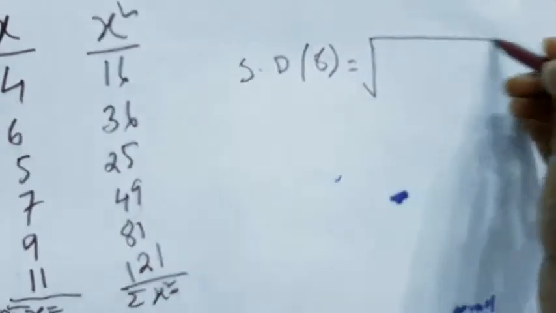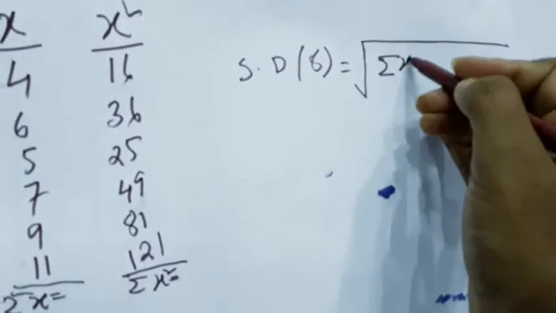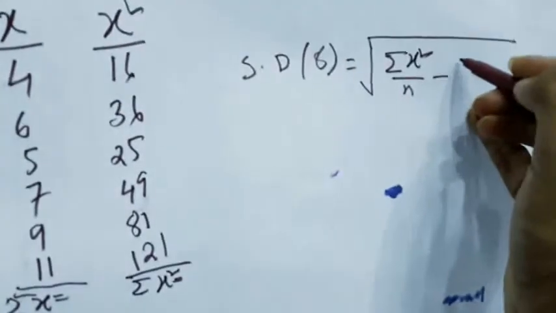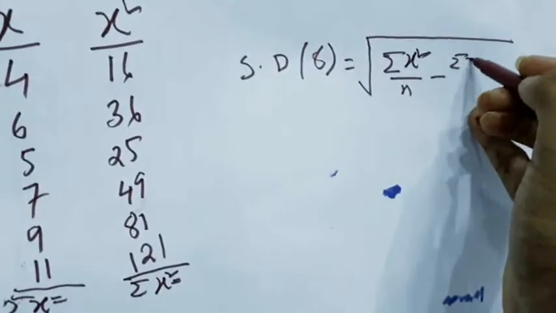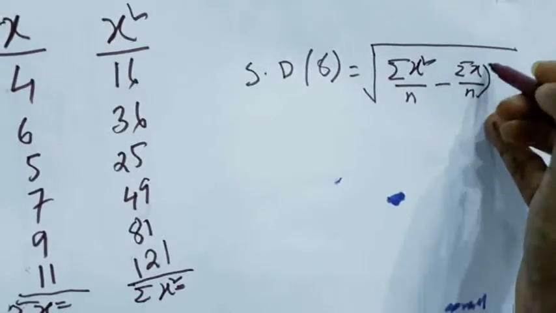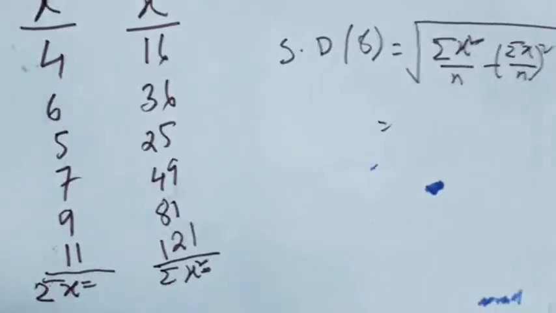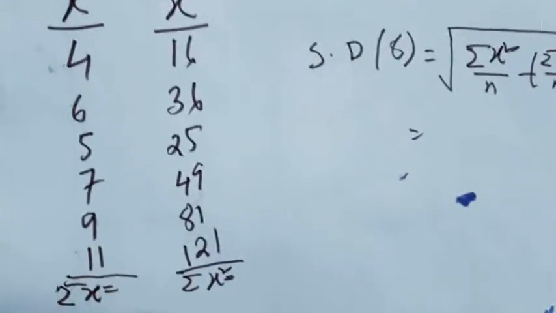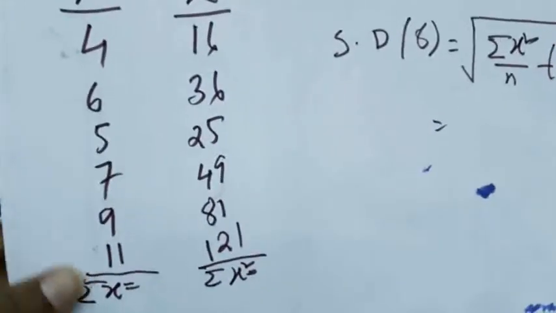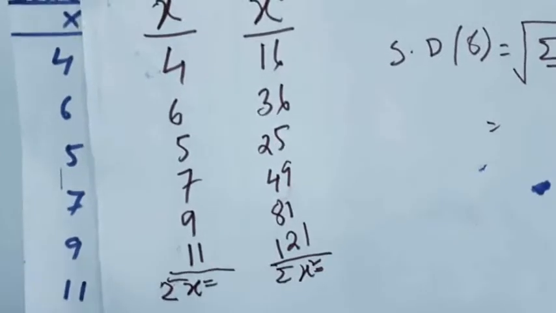The direct formula: summation x square by n minus summation x by n whole square, all under the square root. Now if we put all these values, what will we get?